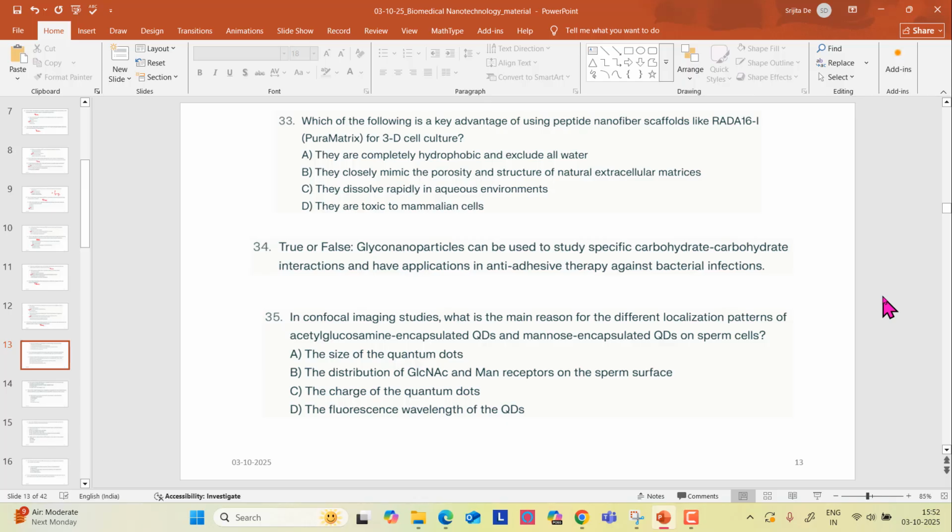Okay. So let's start. Which of the following is a key advantage of using peptide nanofiber scaffolds like RADA16-I or PuraMatrix for 3D cell culture?